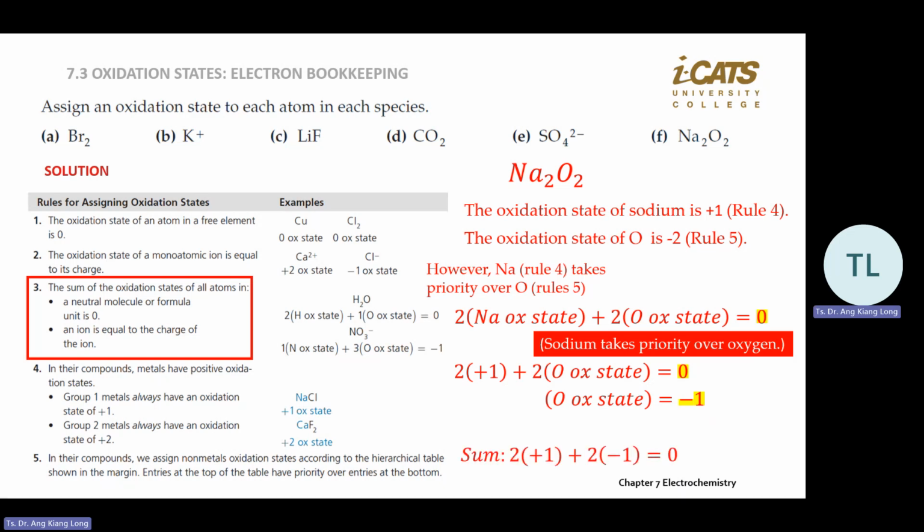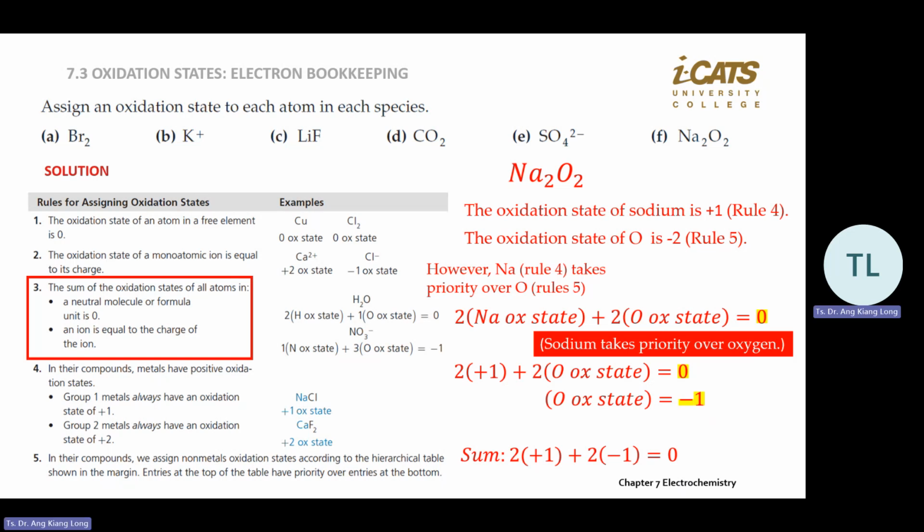Okay. So after you calculate the oxidation state, you check whether the oxidation number is correct or not. You do the sum of the equation. You write sum: 2 bracket Na is plus 1, plus 2 bracket oxygen is minus 1, and not minus 2.